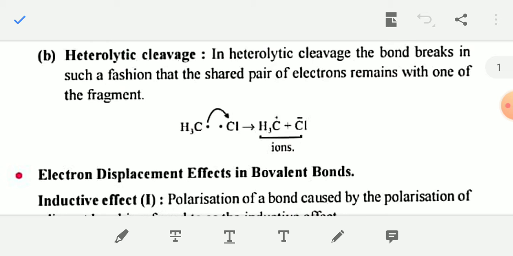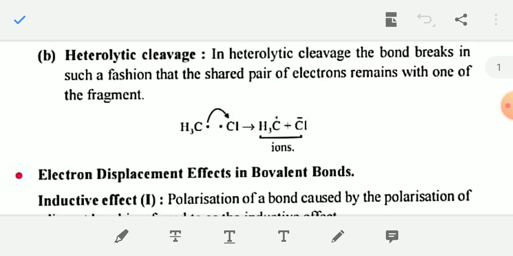That's why Cl becomes negatively charged, Cl minus, that is an anion, and as CH3 loses one electron, it is converted into CH3 plus. And due to such type of bond cleavage, heterolytic cleavage, you will always get a cation and an anion, that is ions.